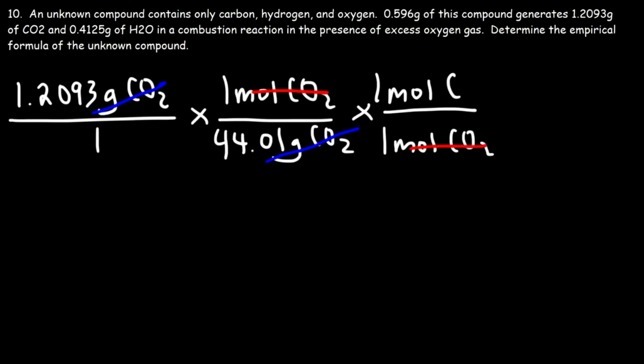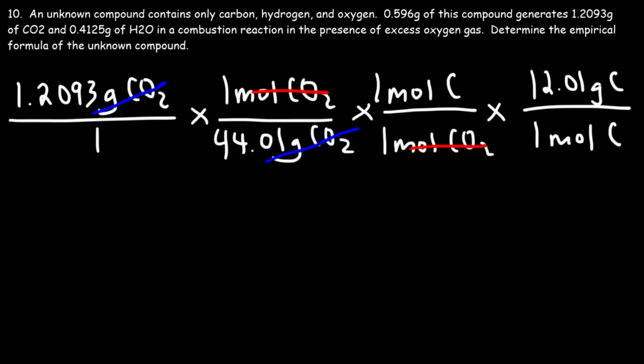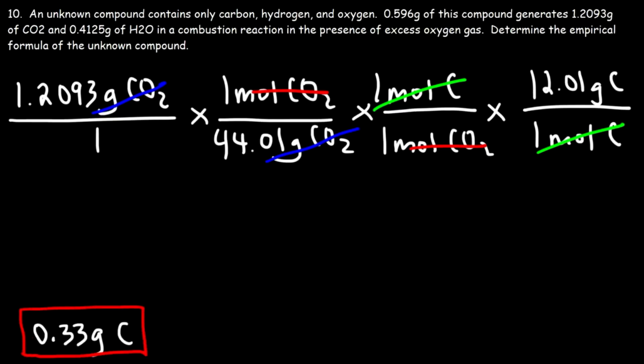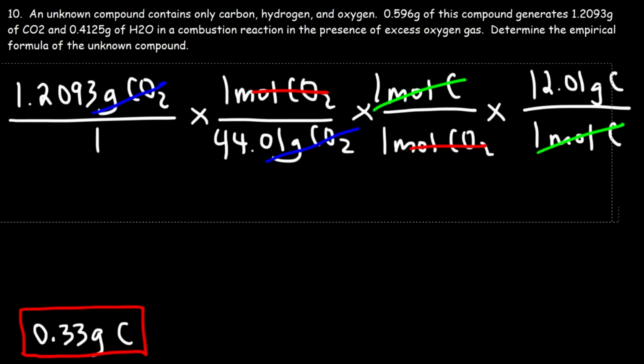Now that we have the moles of carbon, we can convert it to grams using the molar mass of carbon, which is 12.01. So there's 12.01 grams of carbon for every mole of carbon. So now we could cross out those two units. So 1.2093 divided by 44.01 times 12.01. And so this will give us 0.33 grams of carbon. And so let's save this number for later. Now let's do the same thing with hydrogen.